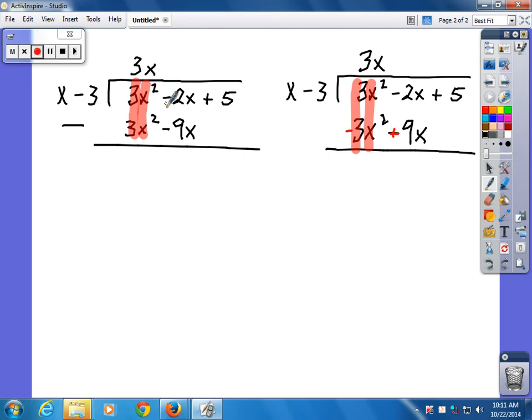So negative 2x minus a negative 9x is what? Negative 2x plus 9x is 7x, and then the 5 comes down to help out.